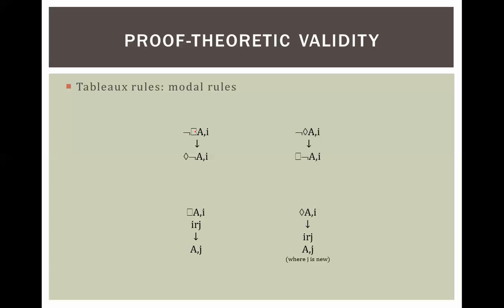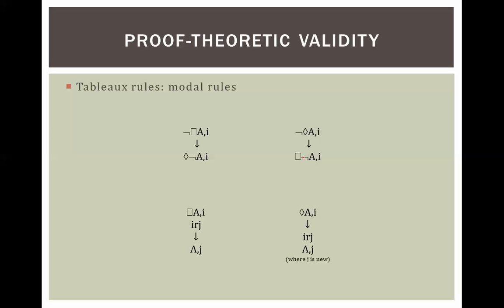The way you'll do that, this I showed you before in one of the videos before, is that not necessarily A means possibly not A, and not possibly A means necessarily not A. Well, so we just apply those, we make those rules. All right, so not necessarily A, comma I. If you have that, you make that possibly not A, I. And if you have not possibly A, I, you make that necessarily not A, I.